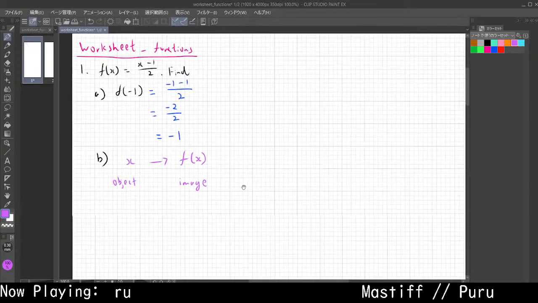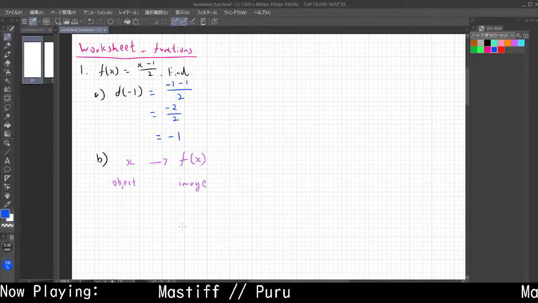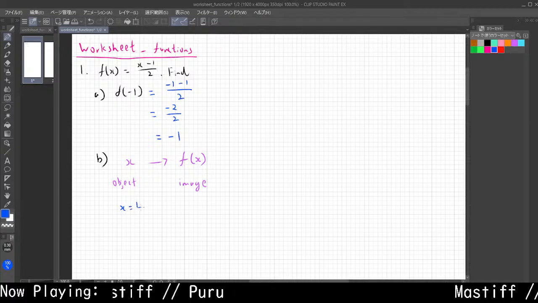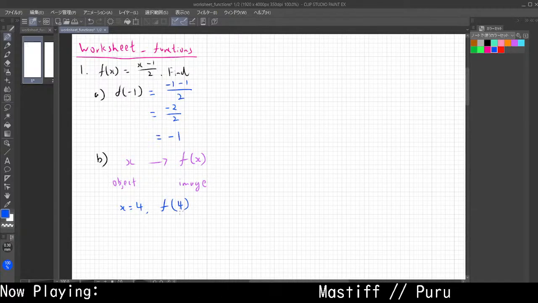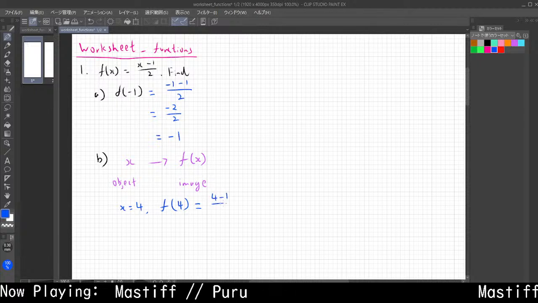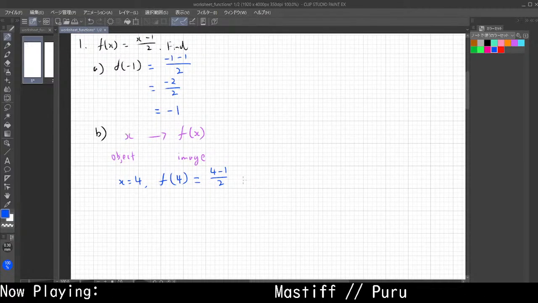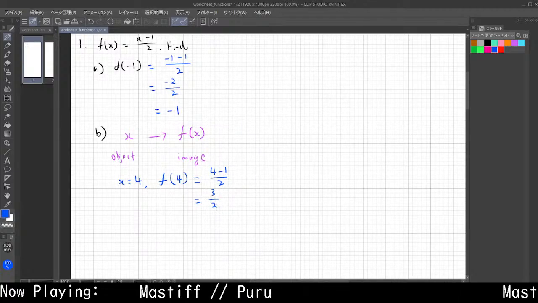Therefore, 4 in this case would be my object and therefore my x. So what you should write is x is equal to 4. Therefore, your image is f(4). You replace x with 4. f(4) is equal to (4 minus 1) over 2. Okay, so this is how you get your image. So 3 over 2.